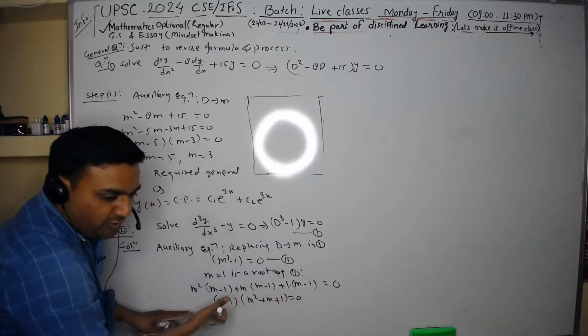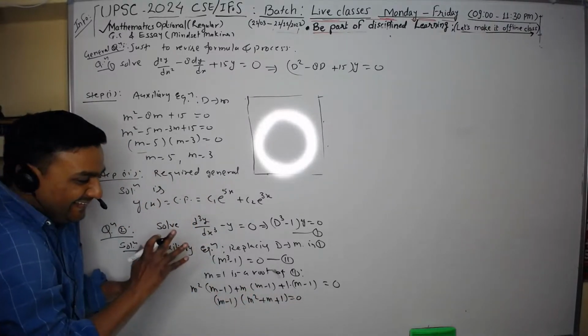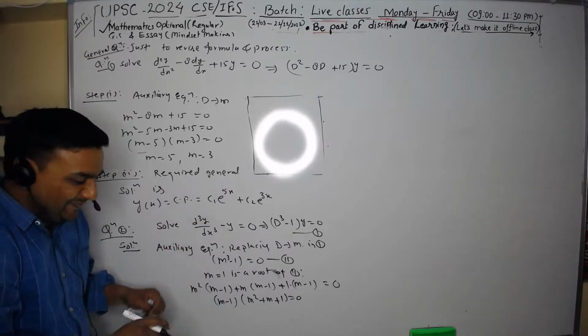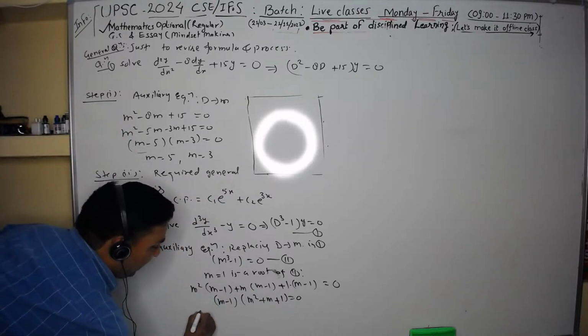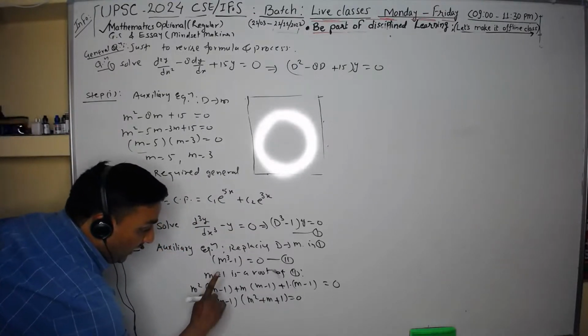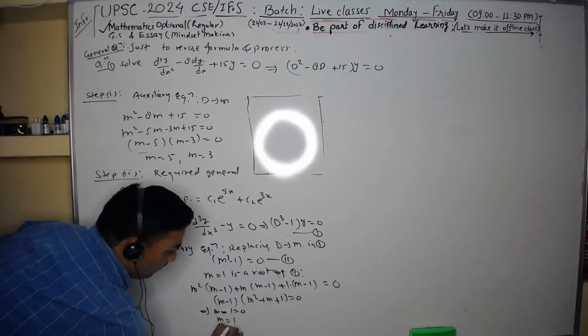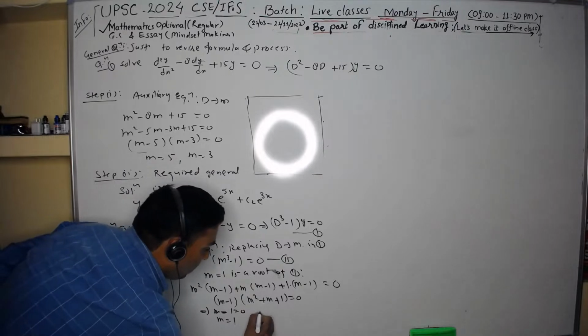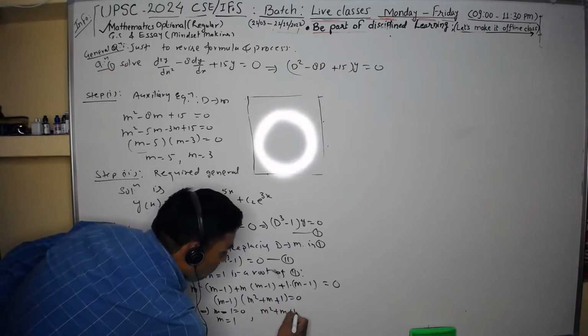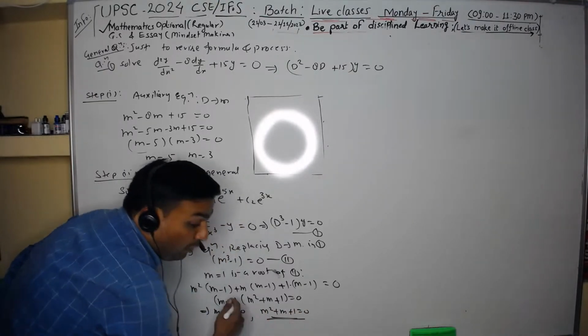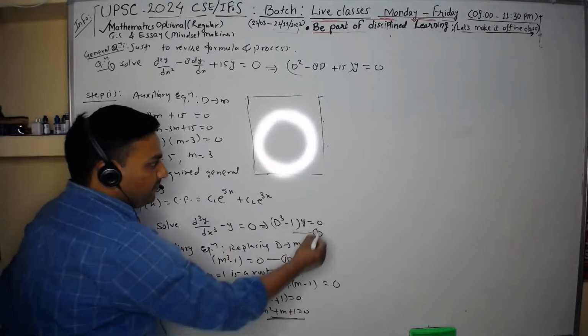I know you people know this. Still I feel you don't know. So this implies one root is m equals 1, right? What is the second root? This is a quadratic in m.